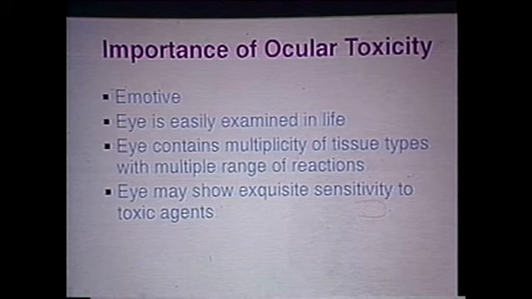The third reason why toxicology of the eye is important is that the eye contains a vast range of different types of tissue. It contains epithelial tissue in the case of the cornea. It contains very specialized tissue, the lens, of which there is no real counterpart anywhere else in the body. It contains very sensitive nervous tissue, the retina, and it contains a large vascular bed, which often contains, in particular species and strains, large deposits of melanin, which can be important with respect to toxic substances.